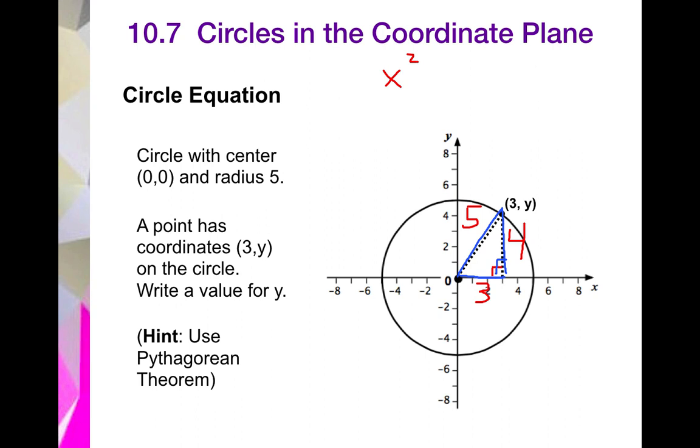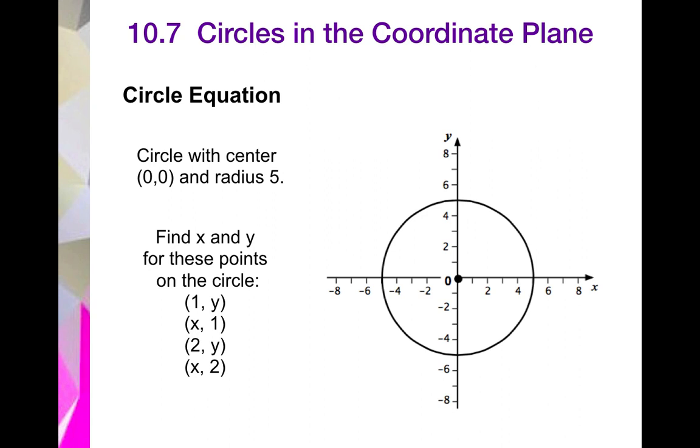So the x side, the y side is going to be the other leg, and then the radius is going to be the hypotenuse. So the x side, which is 3 here, the y side, which is 4 going straight up, and then we have the radius, which is 5 going that way.